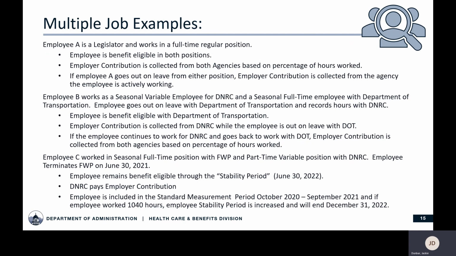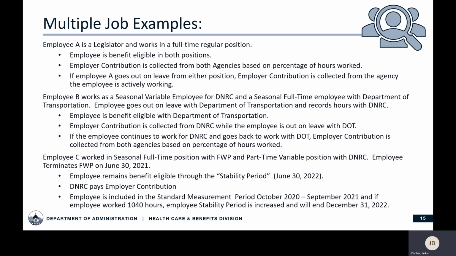Employer contribution will be collected from DNRC while the employee is out on leave with Department of Transportation. If the employee continues to work for DNRC and goes back to work for Department of Transportation, employer contribution is collected from both agencies based on the percentage of hours worked.